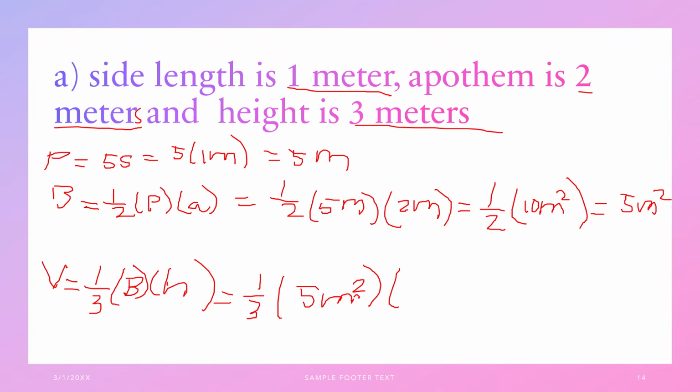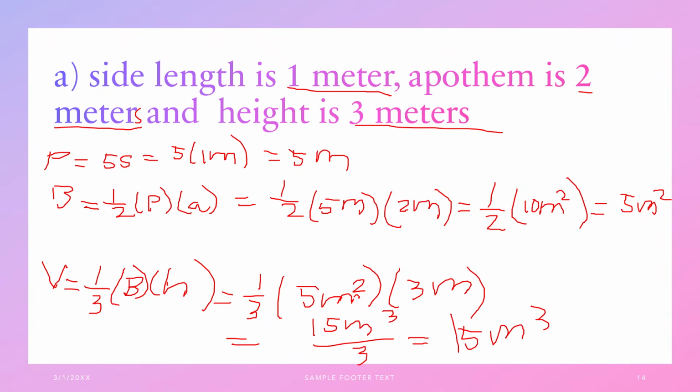The height is 3 meters. So we got 5 times 3 is 15 cubic meters, divided by 3. And 15 divided by 3 is 5. So therefore, the volume of the pentagonal pyramid is 5 cubic meters. Okay, that's it. Now let's continue.